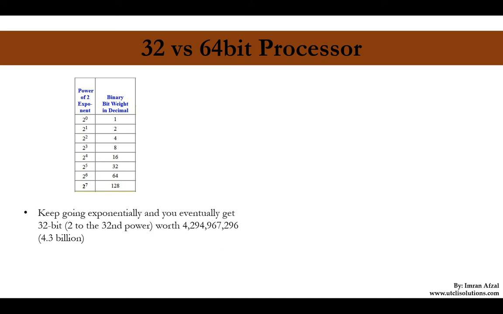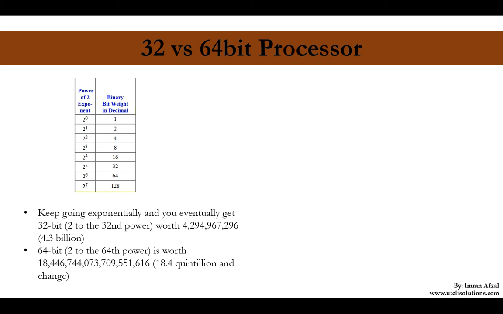4.3 billion. It means it could process 4.3 billion data units at a time if it is a 32-bit processor. Now, if it is a 64-bit processor, which is 2 to the 64th power, it is worth, wow, 18 point quintillion and change. That's so much I cannot even translate it into how many gigabytes it will be.